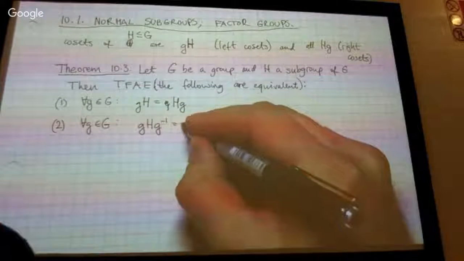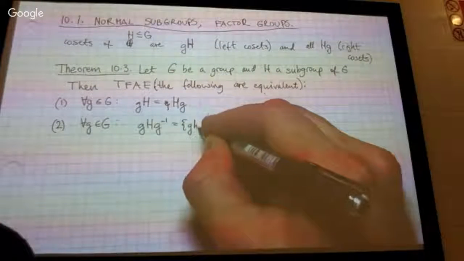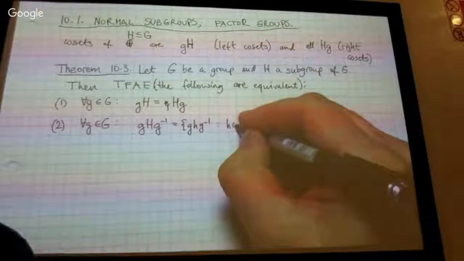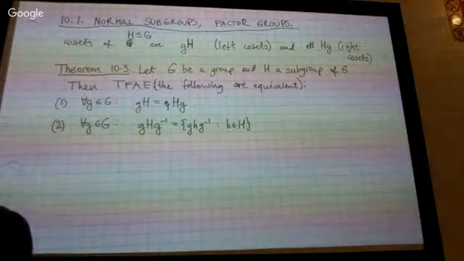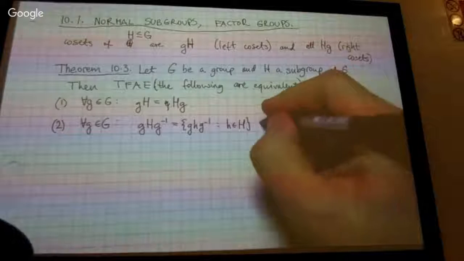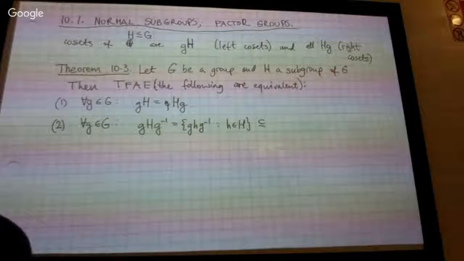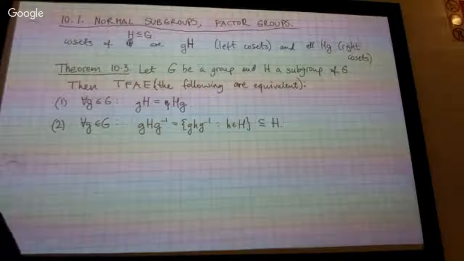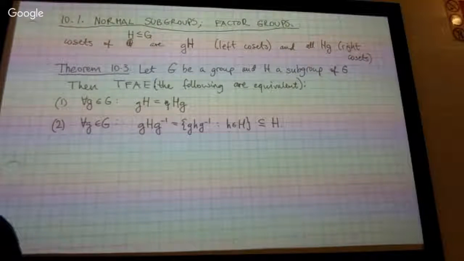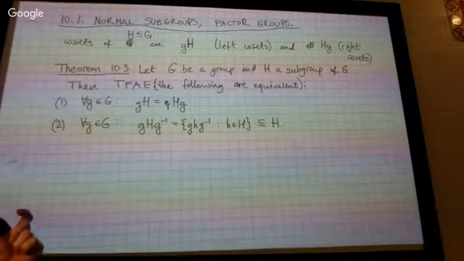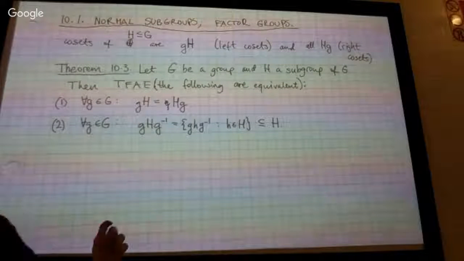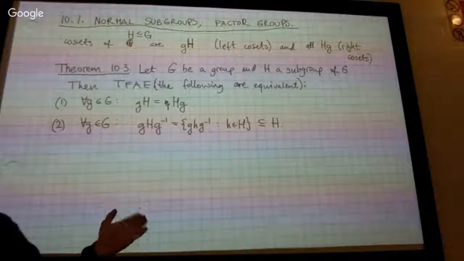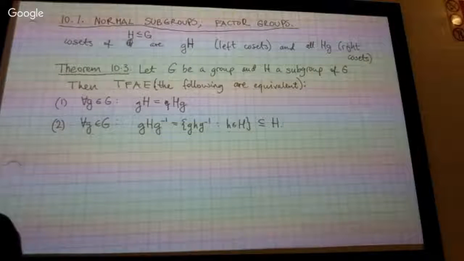So this is the definition of gHg inverse. This is a subset of subgroup H. So you pick anything in H and anything in G, and you do this product g h g inverse, it's in the subgroup H.